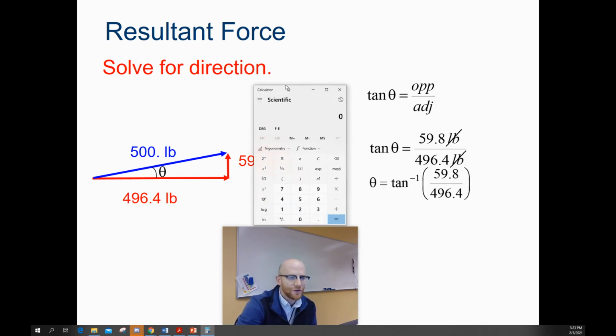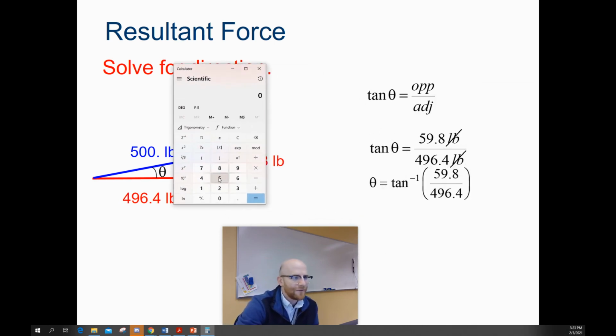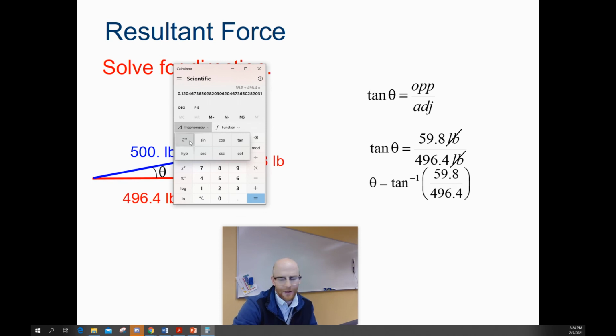But what you can do is you can say, hey, 59.8 divided by 496.4 equals this. And then you can say, whoa, go up to the trig function. And for me, what I do on the computer calculator is I press second, and then I have the inverse tan option.